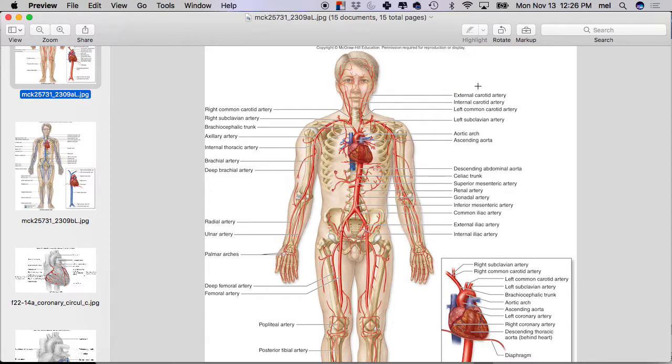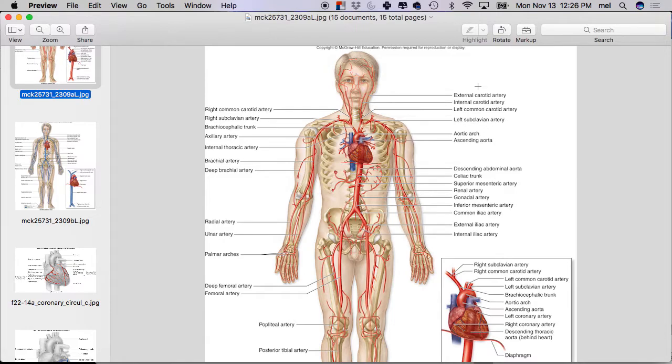What I would prefer is that you could get me from the heart to anywhere in the body and then back to the heart, because that's how circulation works, right? So the good student could, for instance, get blood flow to the frontal lobe of the brain and then back to the heart. I want you to think about circulatory system routes not as rote memorization, but as patterns. We know that we need to lead to a capillary bed.